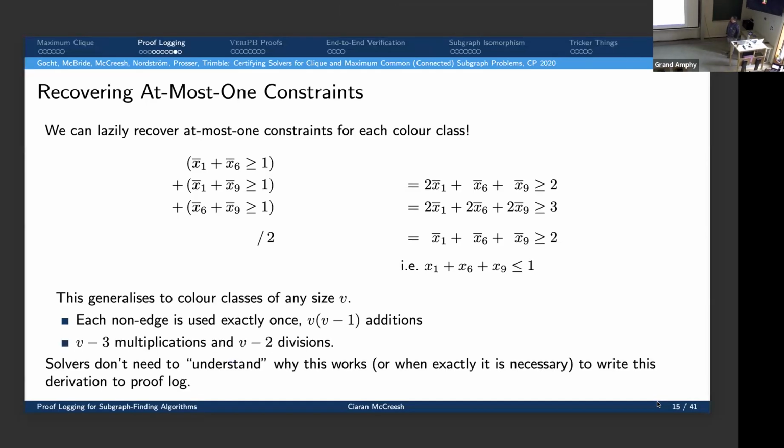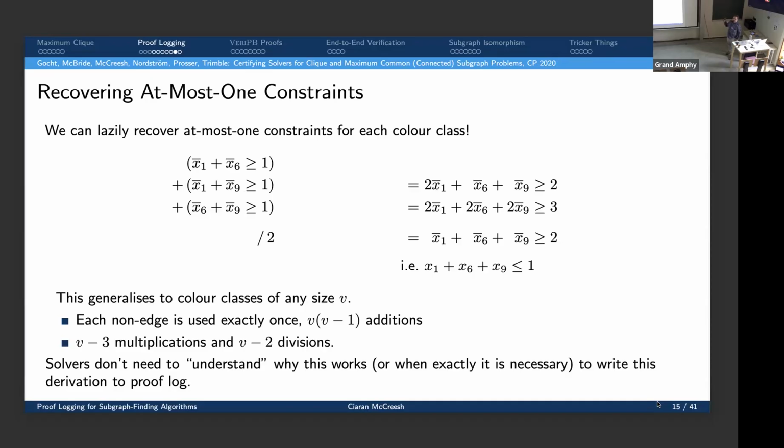And it turns out that this technique generalizes to any color class. So for any color class that you want to introduce, we can do this, using a sequence of additions, divisions, and multiplications. We use every non-edge constraint exactly once in this derivation, and we use slightly fewer than the number of vertices divisions and slightly fewer than the number of vertices multiplications.